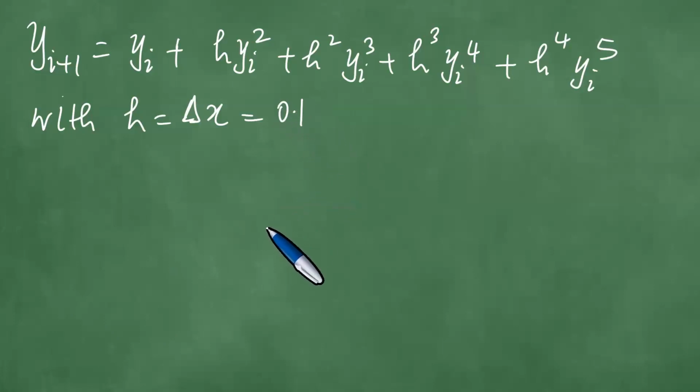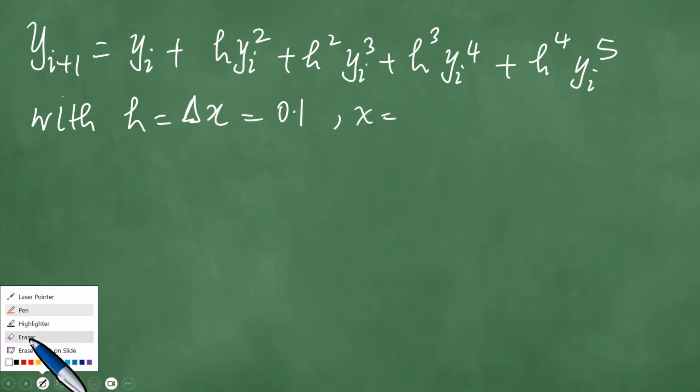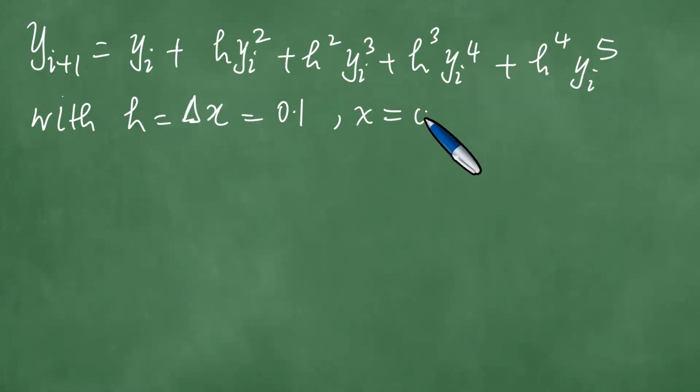And then now we have that h is 0.1, so we have exactly this here. Yeah, it's 0.1. And the two values, you're going to be using both of them.